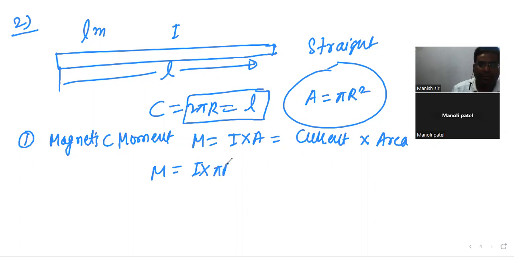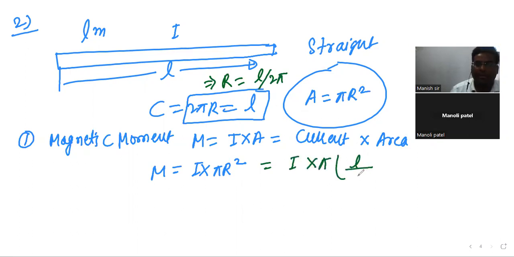So put the value here. What will be the r value from this equation? From here you can find r. So r will be length upon 2 pi. So it will be I into pi, with r equal to L upon 2 pi, whole square. Calculate it, then you will get the magnetic moment.